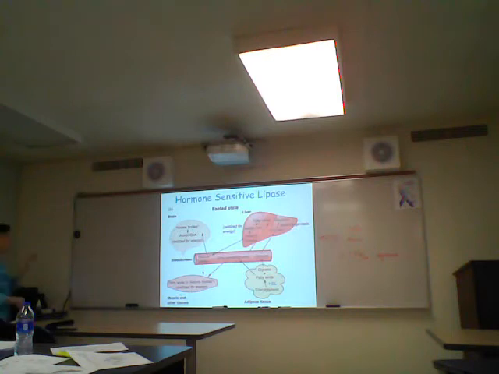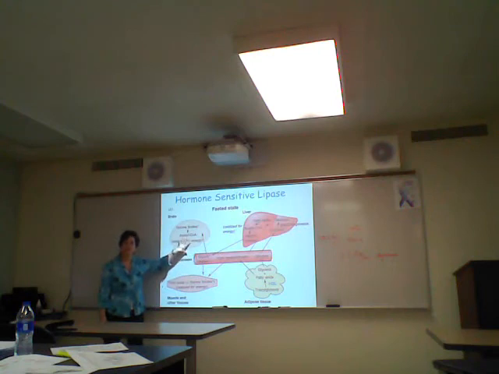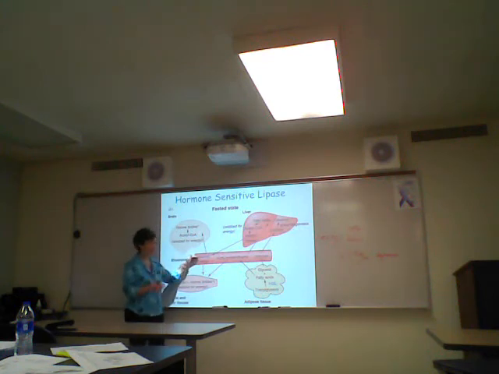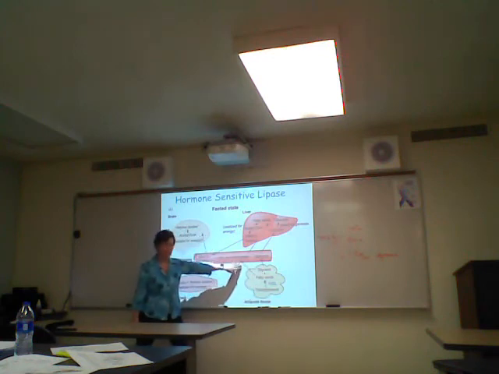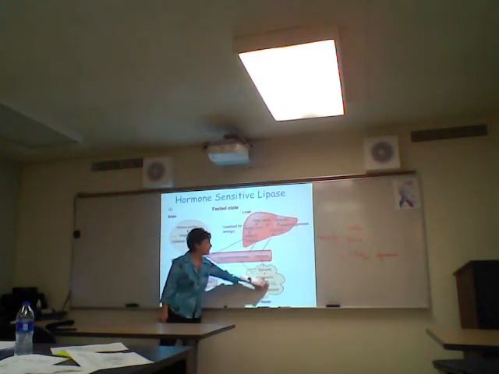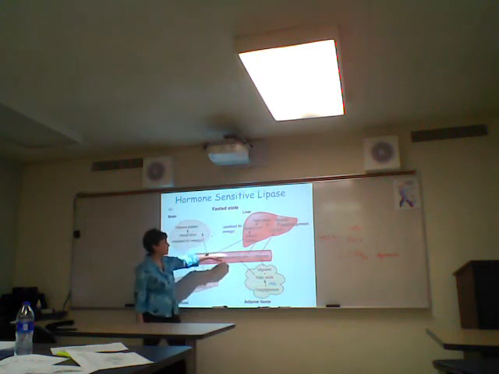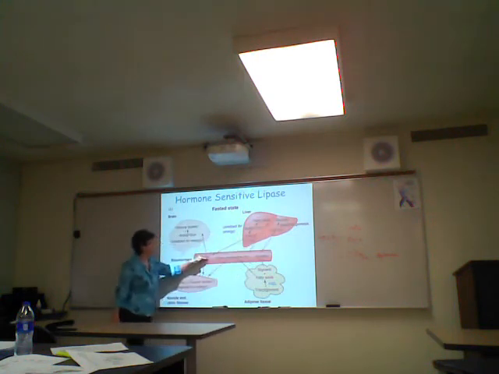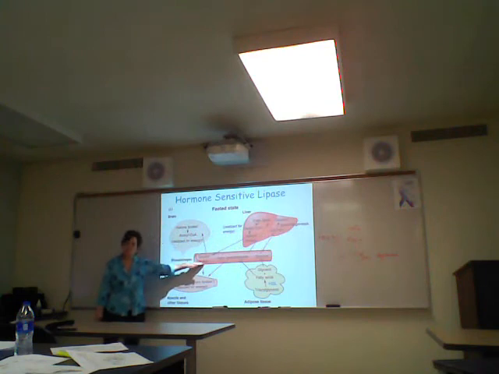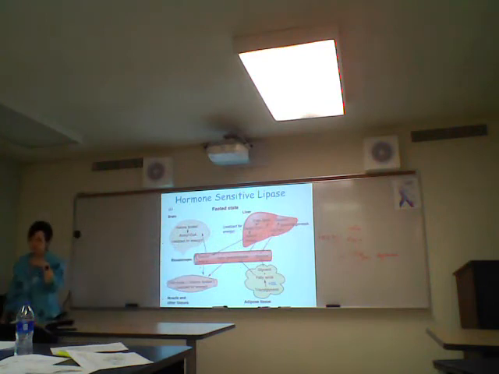Somebody with uncontrolled diabetes is like this: the glucose stays in the bloodstream and the cells are freaking out. Because they have to get energy from somewhere, they do this reaction. They break down adipose tissue, convert it to glycerol, and this produces ketone bodies. Acetone is volatile, so they breathe it out and smell like acetone.